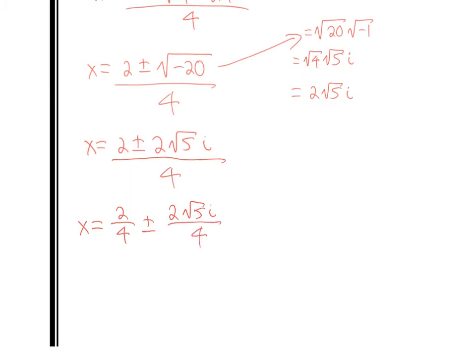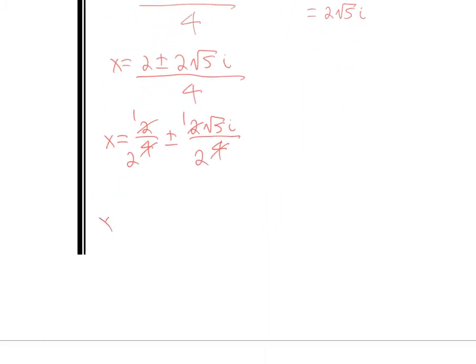Now I can reduce this. 2 goes into 2 once, 2 goes into 4 twice. Same thing here, 2 goes into 2 once, 2 goes into 4 twice. So we're going to get x equals 1/2 plus or minus square root of 5i over 2.